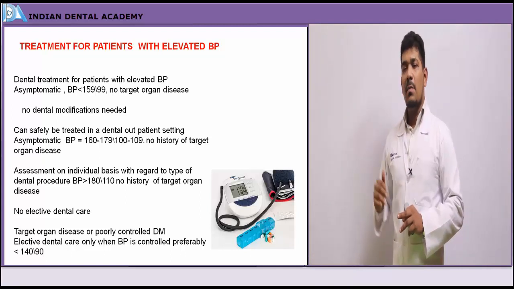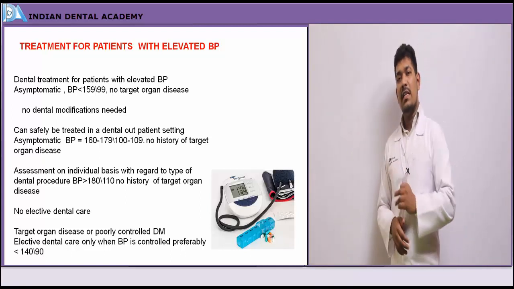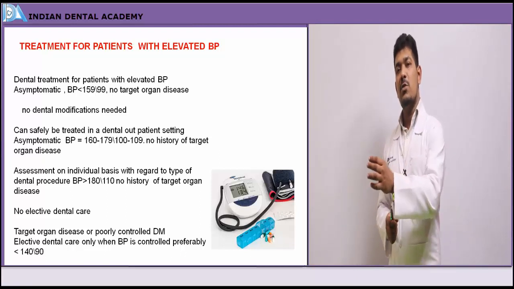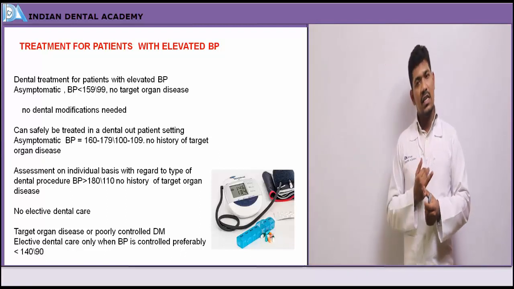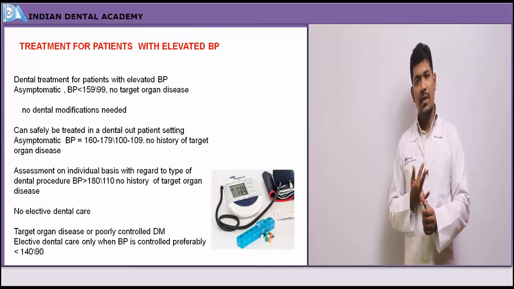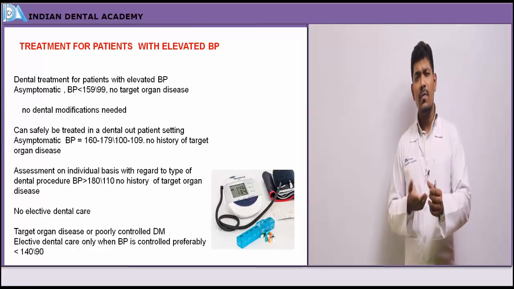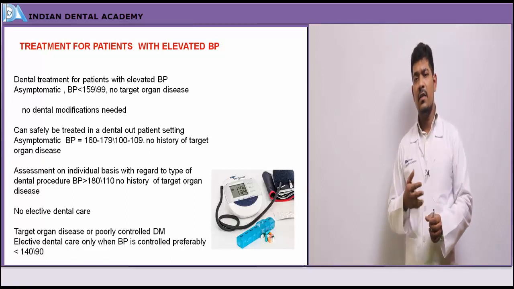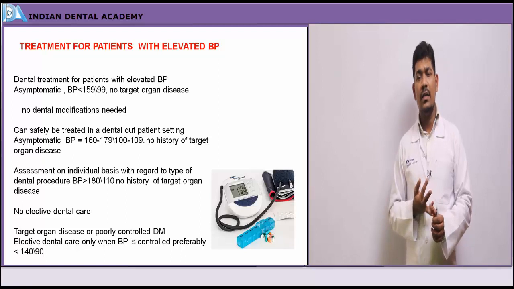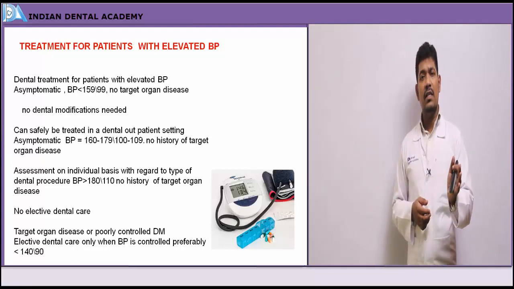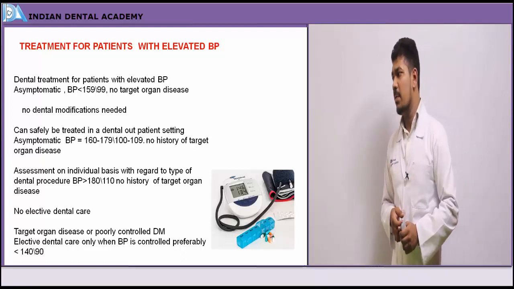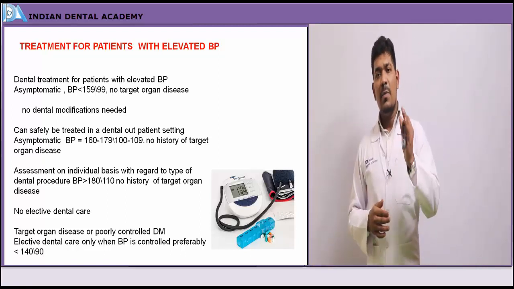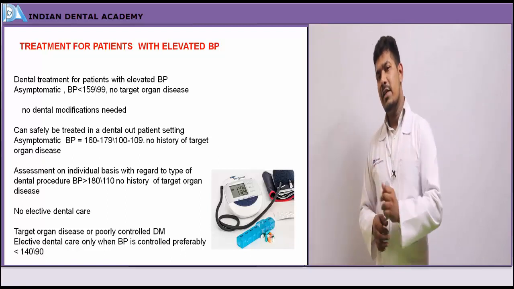Now if the blood pressure is around 160 to 179 by 100 to 110, that is in the range of stage 1 hypertension, and the patient is asymptomatic, he doesn't have any symptoms, no headaches, no frequent urination, no increased sweating. So when these symptoms are absent in this particular patient and there is no history of target organ disease also, then these patients can go for elective dental treatment.